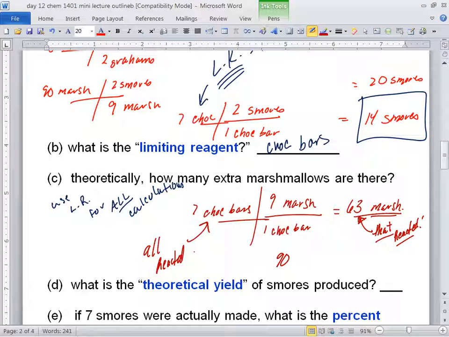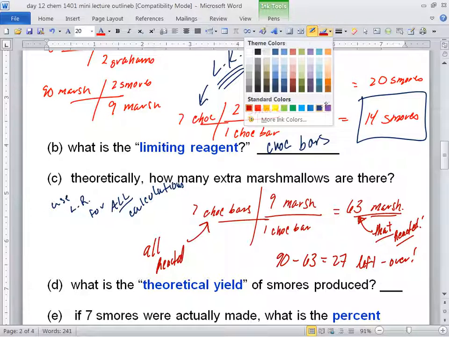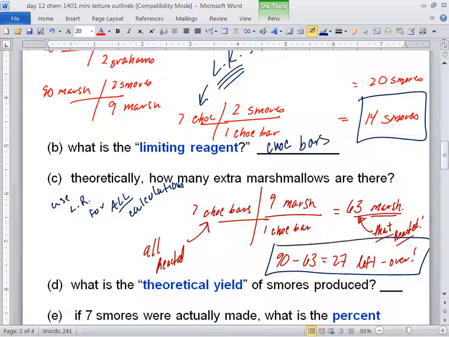Make sense so far? And then, if that's the number that reacted, how much is left over? Well, 90 minus 63, I think that's what he said, 27 are left over. Right?